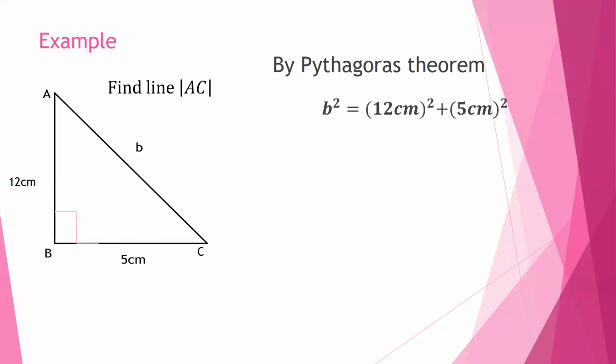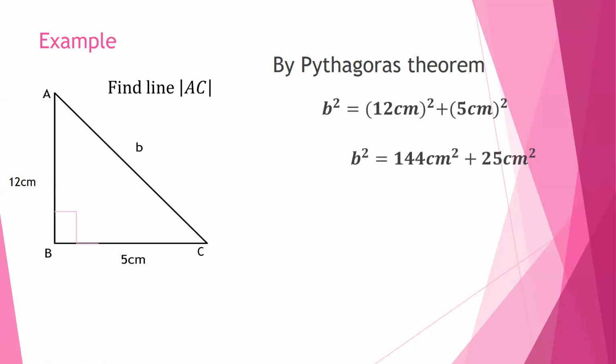So here we have been given a right angle, and the sides are 12 centimeters and 5 centimeters, and we've been asked to find B, which is the hypotenuse, right? So by the theorem, we know that B squared is equal to 12 centimeters squared plus 5 centimeters squared.